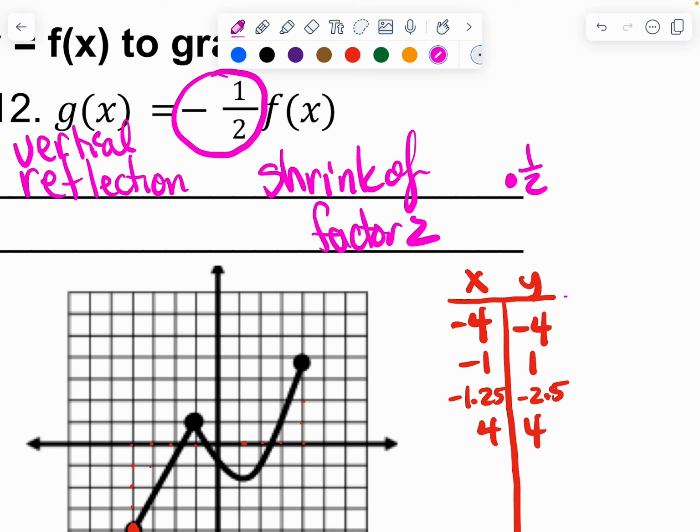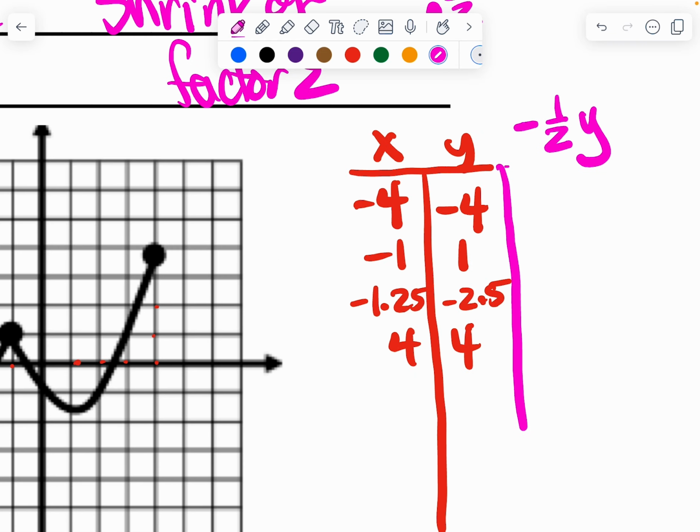So all you do to get the answers is take -1/2 and multiply it by the y. The x's are going to stay the same. The y changes. So I'm going to take the y value and multiply it by -1/2. And that's going to get me 2. This is going to get me -0.5. I should know this off the top of my head, but I don't. And my calculator doesn't work because it's dumb.